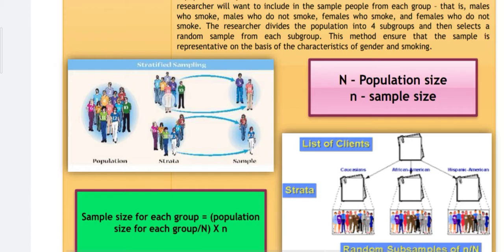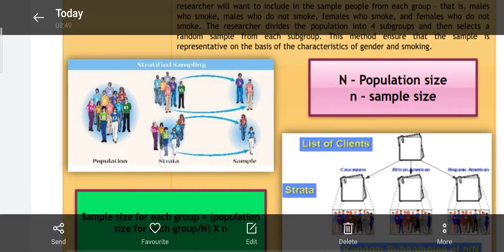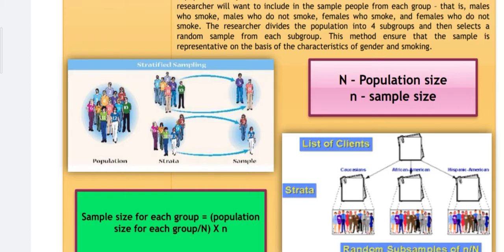Kita nak pilih sampel daripada strata pertama dan sampel daripada strata kedua. Setiap strata mesti kena ada sampel yang mewakili setiap strata. So daripada strata pertama, contoh kat sini dia pilih 2 orang. Strata yang kedua pilih juga 2 orang.